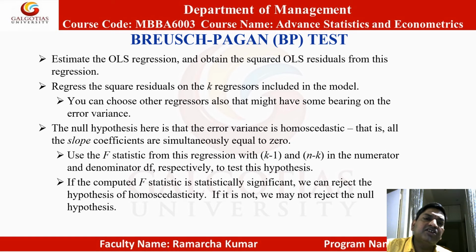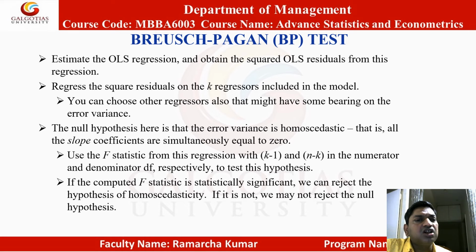So the Breusch-Pagan test, or BP test. Estimate the OLS regression and obtain the squared OLS residuals from this regression. Regress the squared residuals on the k regressors included in the model. You can choose other regressors also that might have some bearing on the error variance. The null hypothesis here is that error variance is homoscedastic.